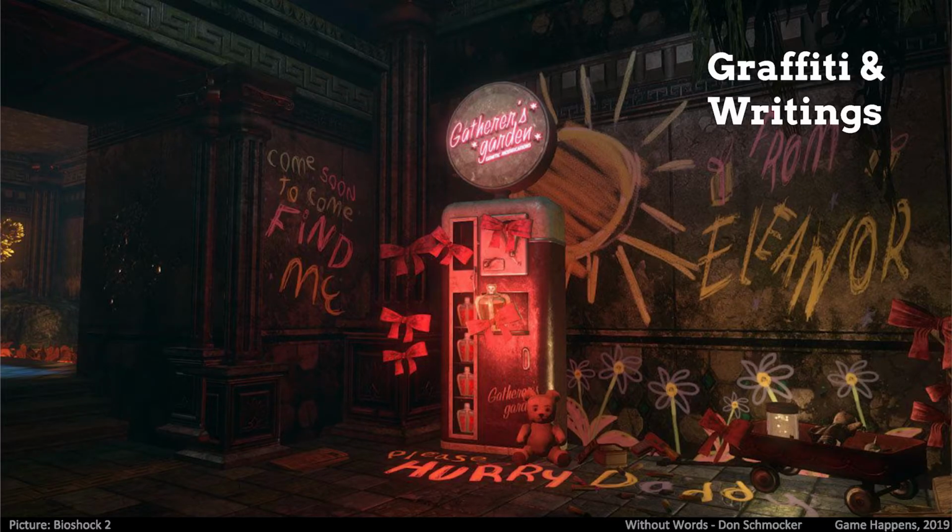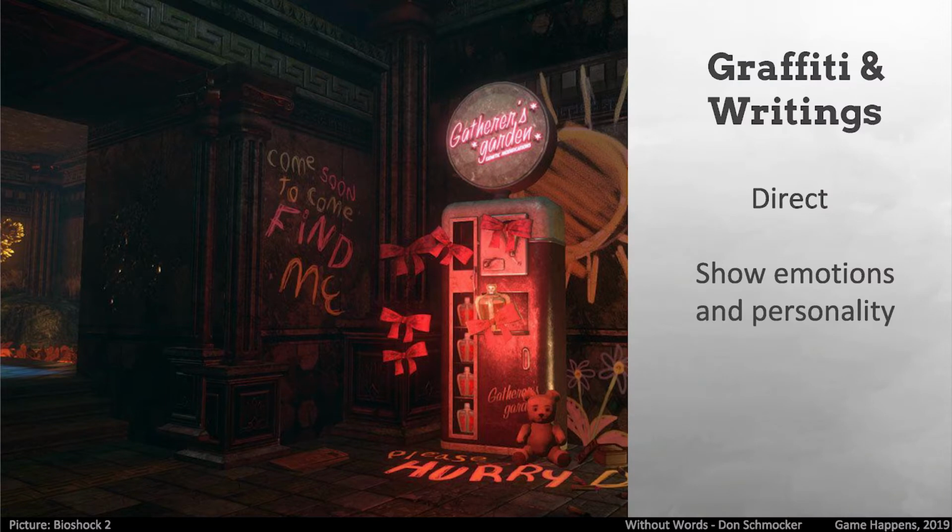So I will start with an example from Bioshock, and a fairly obvious environmental storytelling tool, the graffiti and writings, which show very directly what this visual wants to tell us, and it can show the emotions and the personality of the person who wrote it. For example, it's often written in blood, and so it can show these emotions.